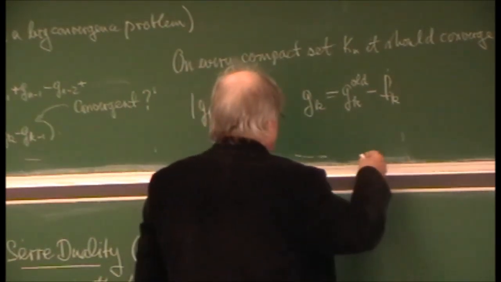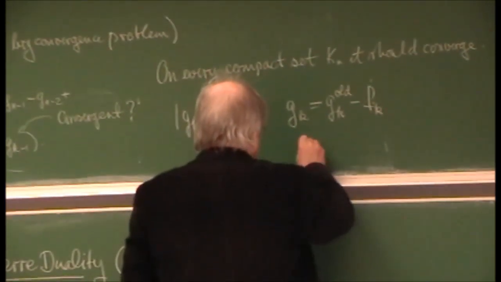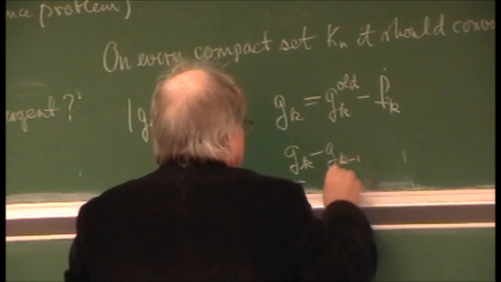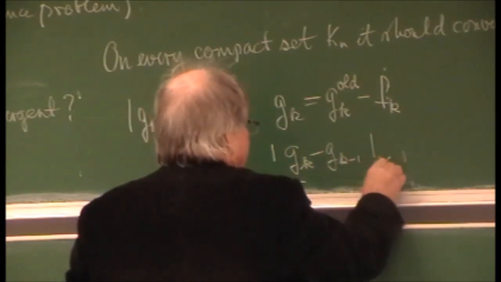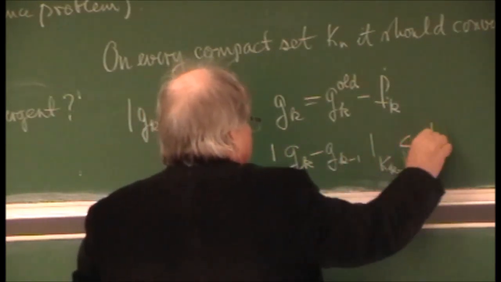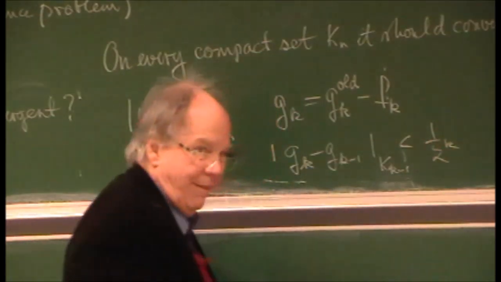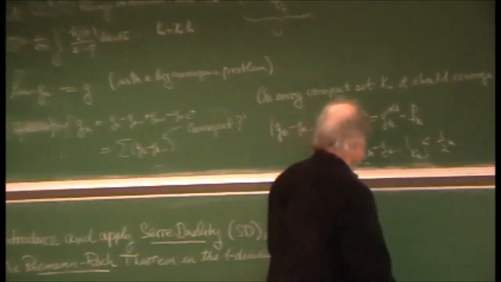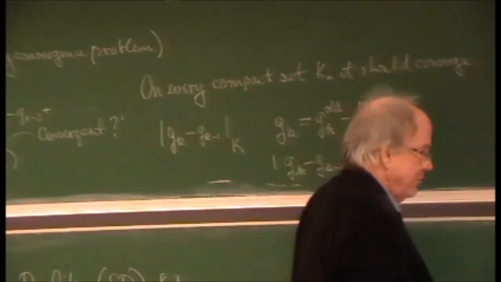So I make this approximation so that gk minus 1 is, in sup norm on k minus 1, less than 1 over 2 to the k. I don't care, 1 over 2 to the k will do.